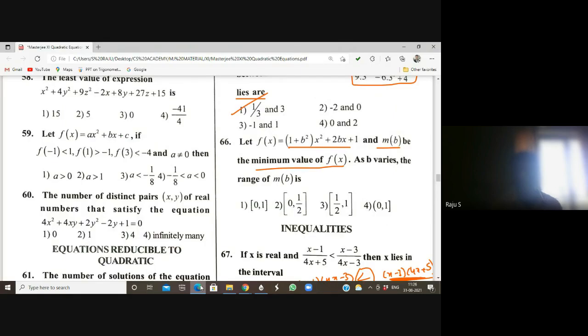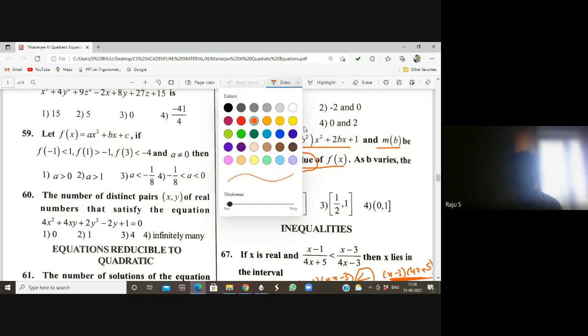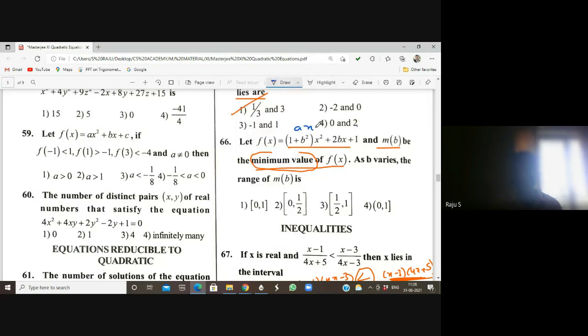Got it? Like that, here also they clearly mention minimum value. Minimum value means first you should compare the given equation with ax square plus bx plus c. Then the minimum value is 4ac minus b square by 4a. Got it, students? You have to find this value.